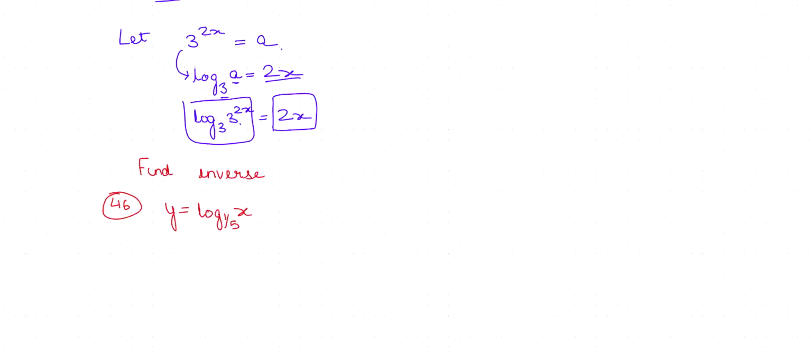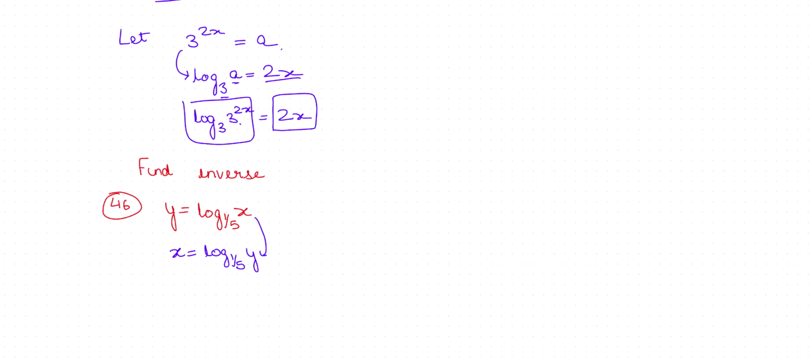So we have to find the inverse of this. So we know the first step: we change x to y and y to x. And then we write the equation in terms of y. So this is x. We change y to x and here we change x to y. Now we can change this.